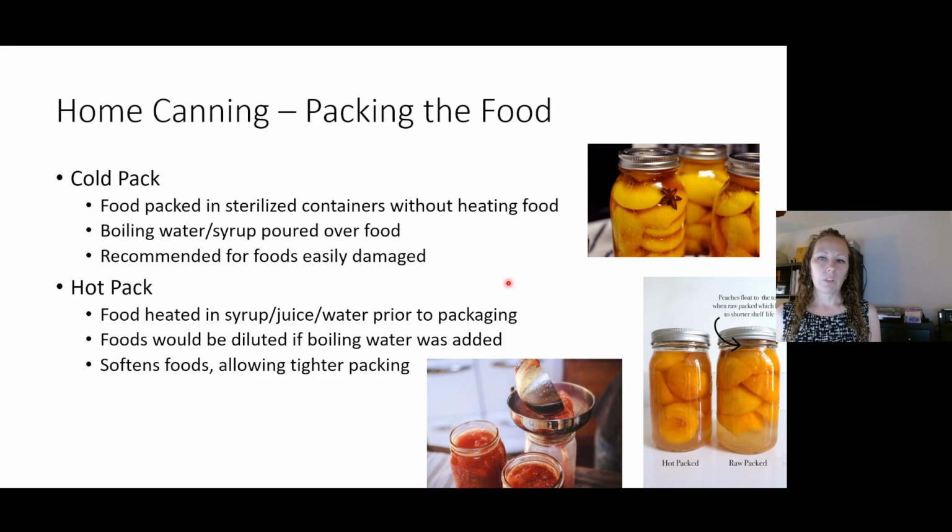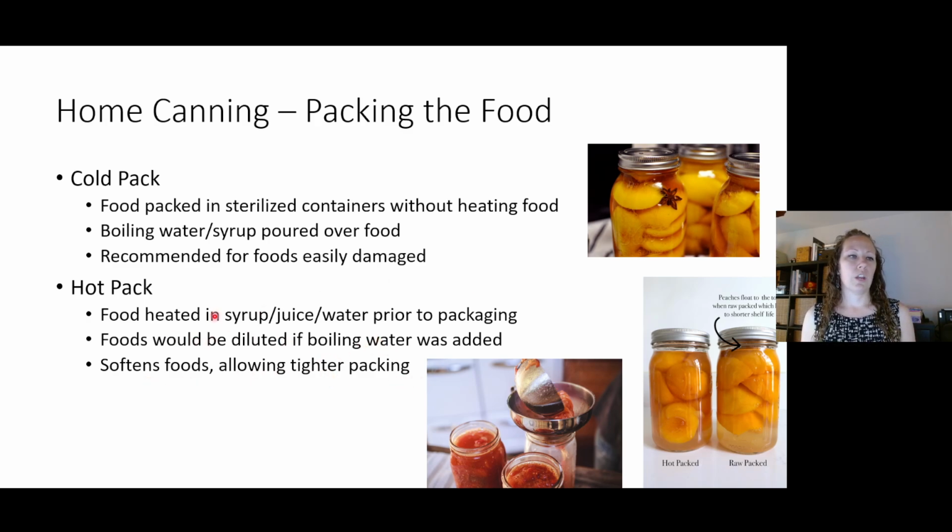Also, anything that's going to go into a pressure canner is often cold packed, mostly just for the ease of doing it. Because if you're hot packing, on the other hand, well, these foods you're going to be heating in the syrup or juice or water prior to the packaging. So it's an extra step.